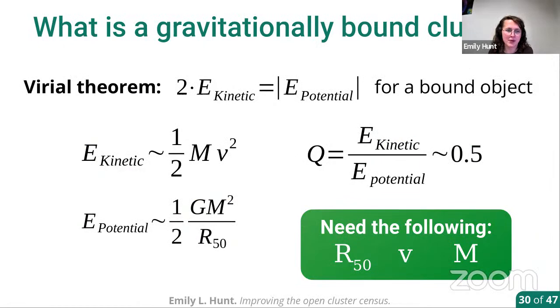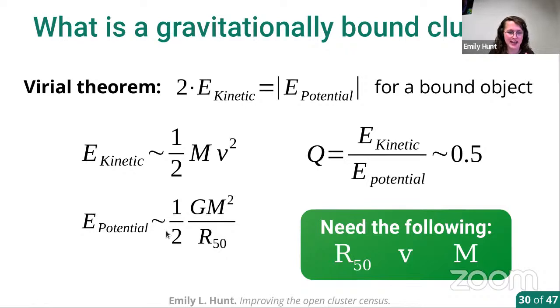Probably one of the most famous pieces of maths that we use in astronomy, the virial theorem, is widely applied to star clusters, at least in theoretical works, and it's something that I dug into for about a year, trying to apply it to the star clusters in a sample. Basically, for a star cluster, the kinetic energy should go as a half the total mass of the cluster times the velocity dispersion squared.